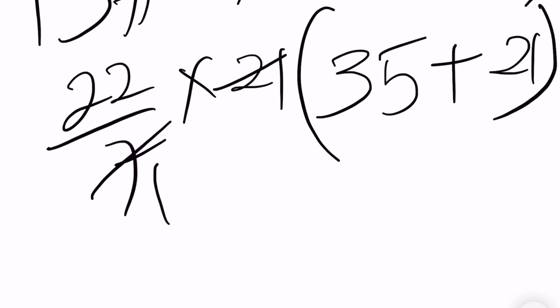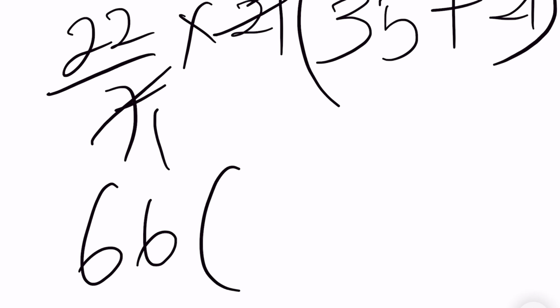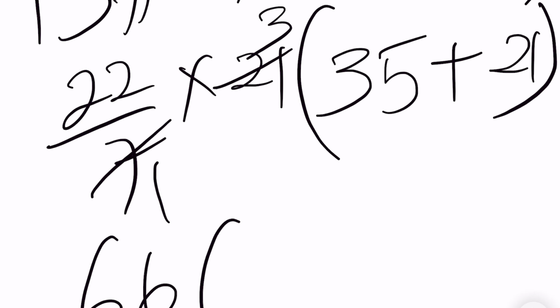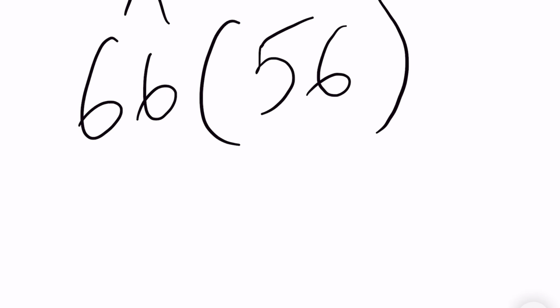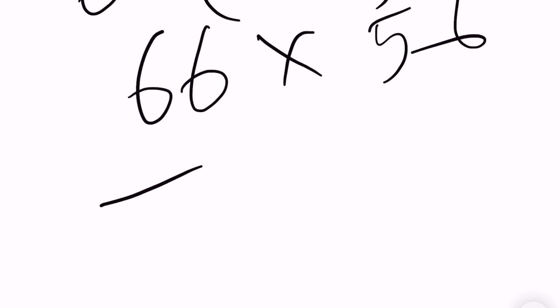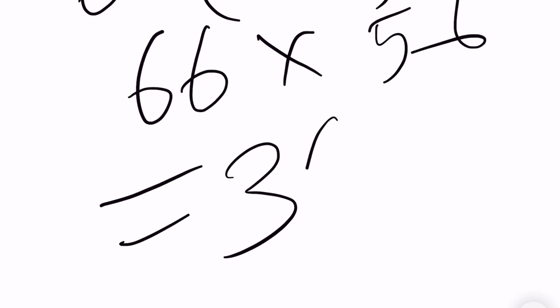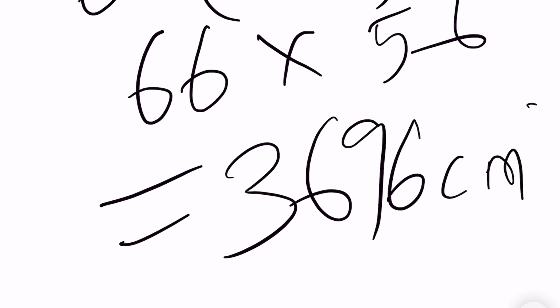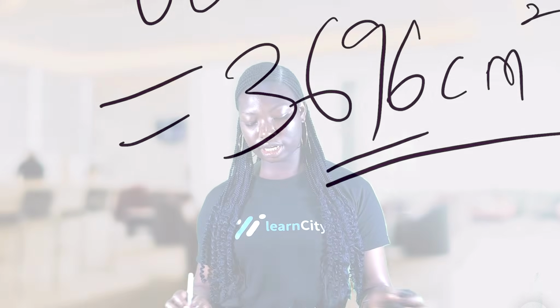So we have 7 here, 1; 7 here to be 3. We have this to be 66 into bracket 56. So when we do 66 times 56, we have it to be 3696 centimeters squared using our calculator.